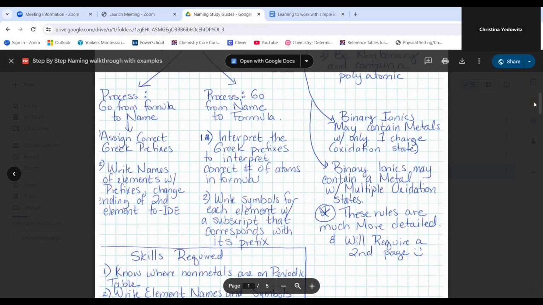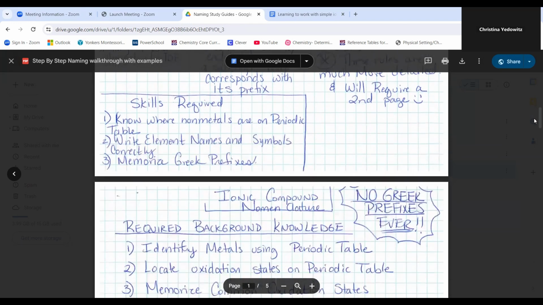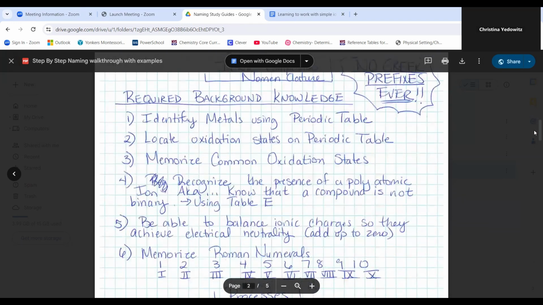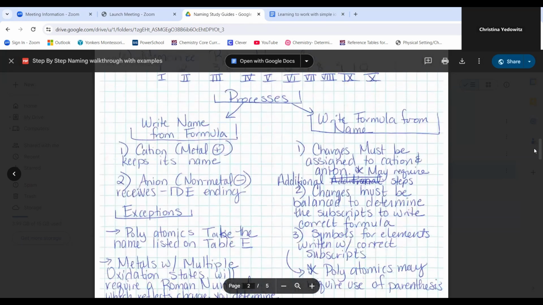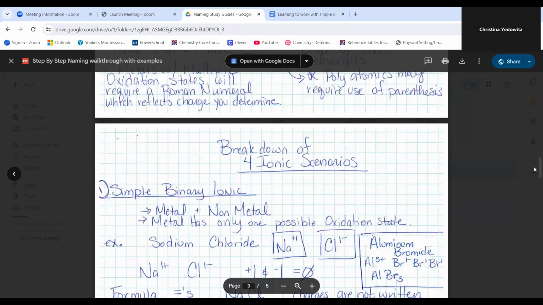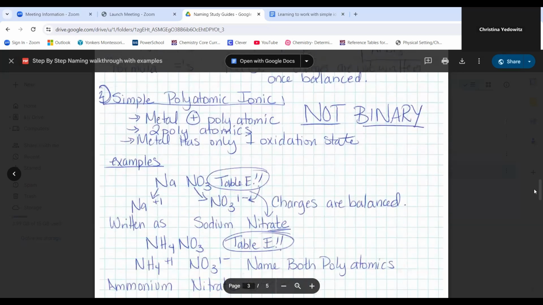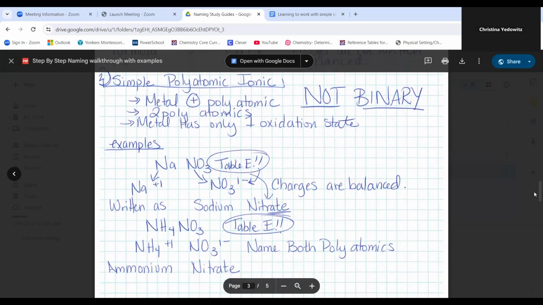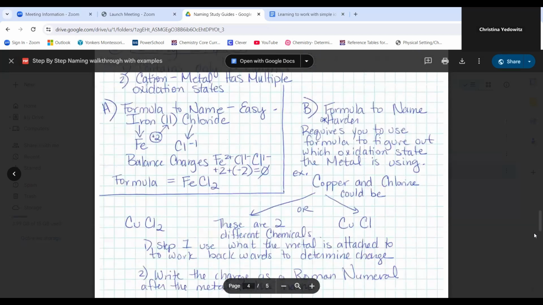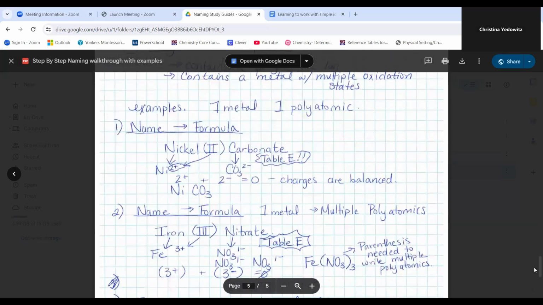They have more than one charge, and those rules are a little bit more detailed. Then we have to get into ones that have polyatomic ions, which is actually simpler, not more difficult. It just adds another layer of stuff you have to know. So you've got almost 4 different situations with ionic compounds.